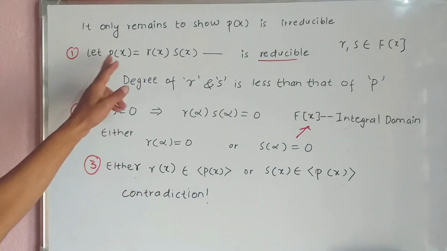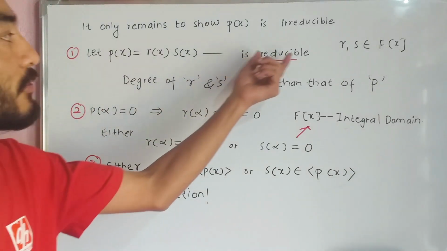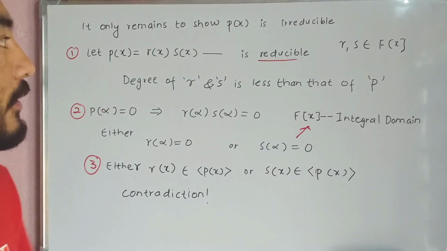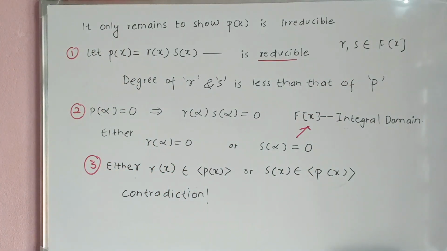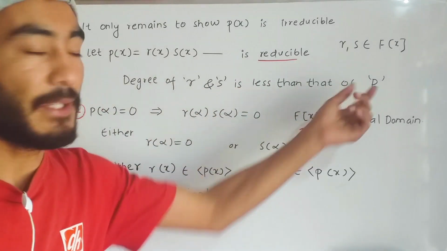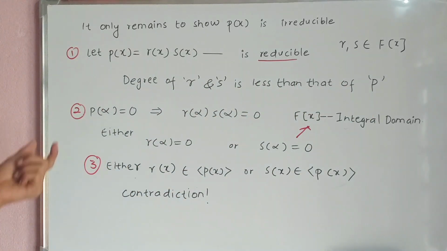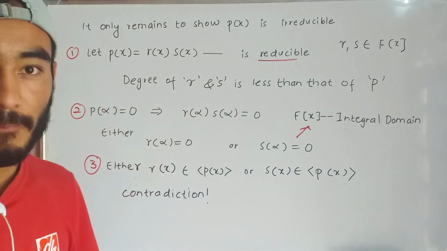Let p(x) equal r(x) s(x), that is, the polynomial p(x) is reducible if possible, where the polynomials r and s belong to F[x]. Then we observe that the degrees of r and s are clearly less than that of p. Second, we have p(alpha) equals 0, and this implies r(alpha) s(alpha), the product, equals 0.